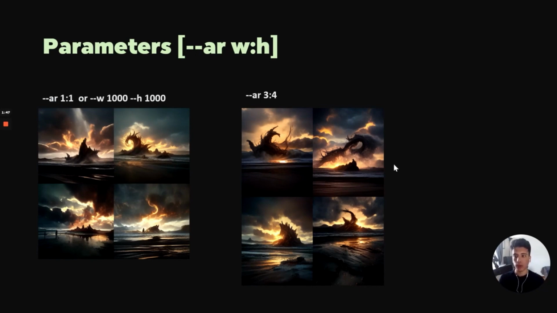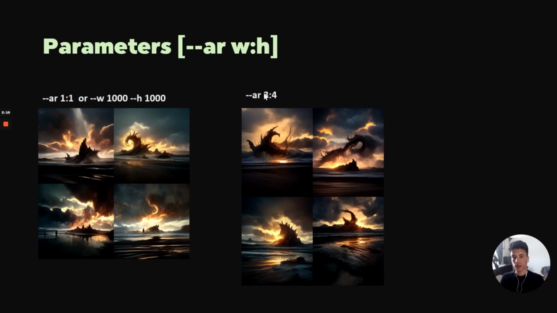So, for example, a 1-to-1 ratio, as we have put here, gives you a square. Same thing if you would put, for example, dash dash W, which stands for width, and then 1000, and then dash dash height, which is H, and then 1000. It's also a 1-to-1 ratio, so it will also create a square.